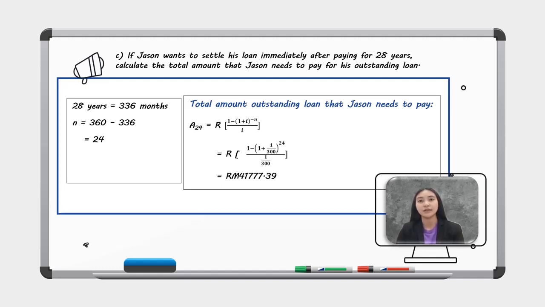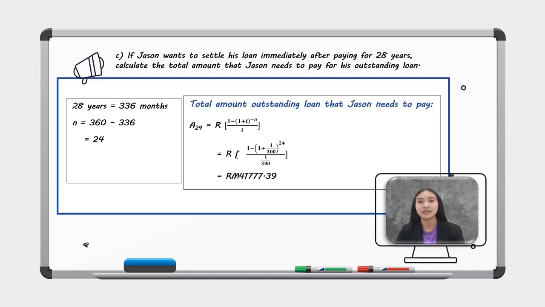To solve this question, we use the formula A24 equals R, open bracket, 1 minus, open another bracket, 1 plus I, close the bracket, to the power of negative n, over I, close the bracket.